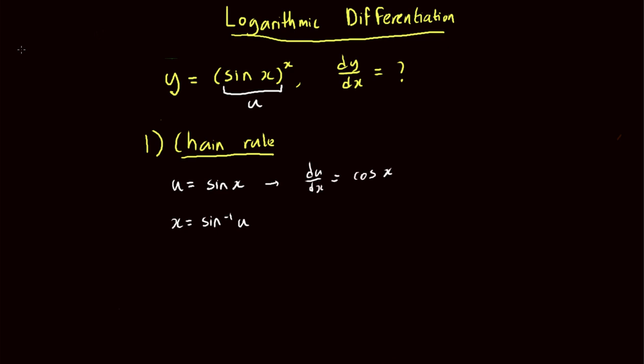That sounds very good and pretty okay. But the problem is, once we write our y in terms of u, it'll be u to the power of sine inverse u.